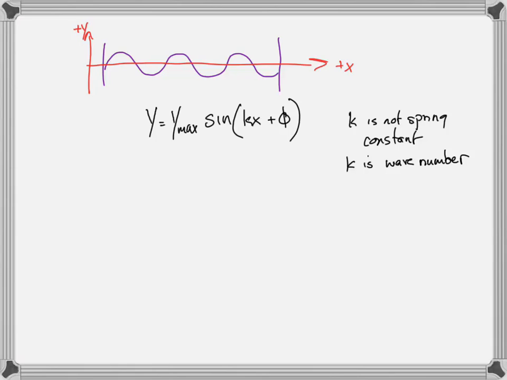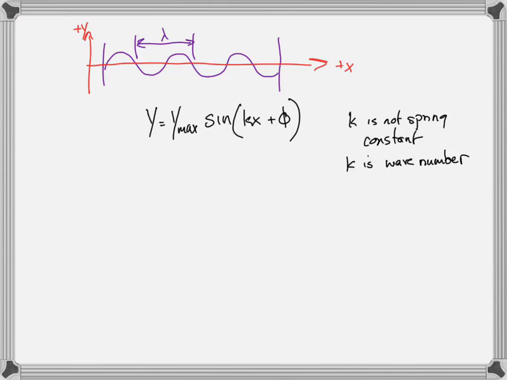And it's not omega, right? You can see that because of what k is. If the wave repeats itself in this distance, this is lambda, the wavelength. Wavelength is the distance over which it repeats itself.